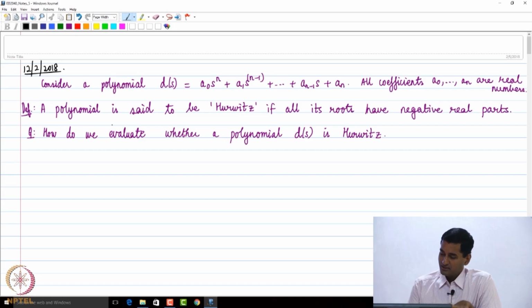So the question that we stopped with last time was, how do we evaluate whether a given polynomial d of s is going to be Hurwitz? This is the question we asked ourselves. So let's continue from there.